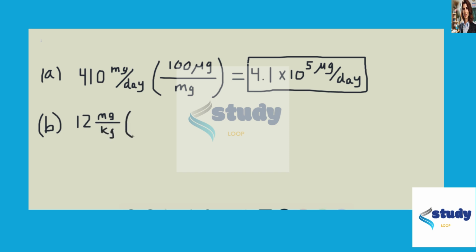For the adult male, we have 75 kilograms of body weight. So we multiply that by 75 kilograms. So that tells us how many milligrams we need, and then we want to convert milligrams into grams, and 1 gram is equal to 1,000 milligrams.